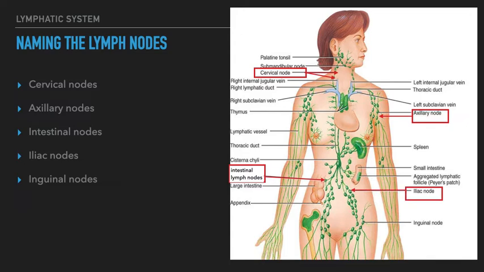These are in the abdominal area, but they are not the same as the intestinal lymph nodes. And then you have the inguinal lymph nodes as well. Okay, so as I mentioned, the cervical lymph nodes, the axillary lymph nodes, and the inguinal lymph nodes near that groin crease are nodes that are going to be palpable.